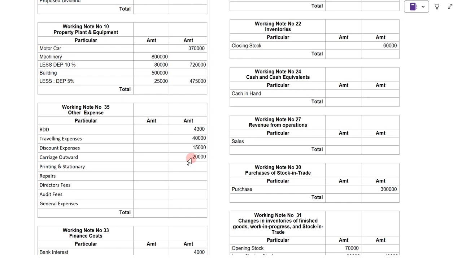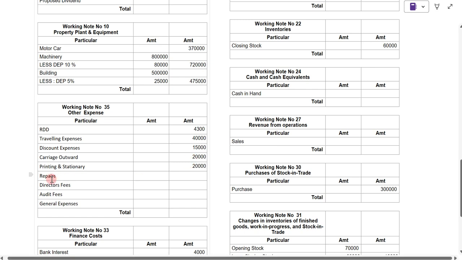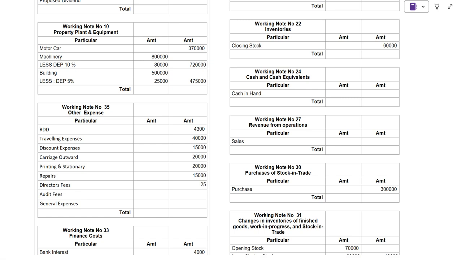Then printing and stationery 20,000, repairs 15,000, directors fees 25,000, audit fees 5,000, journal expenses 80,000.